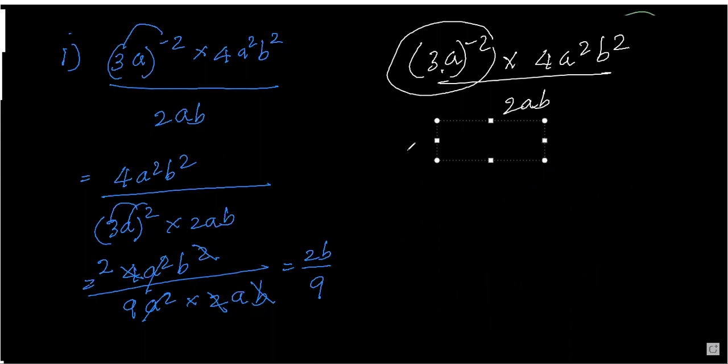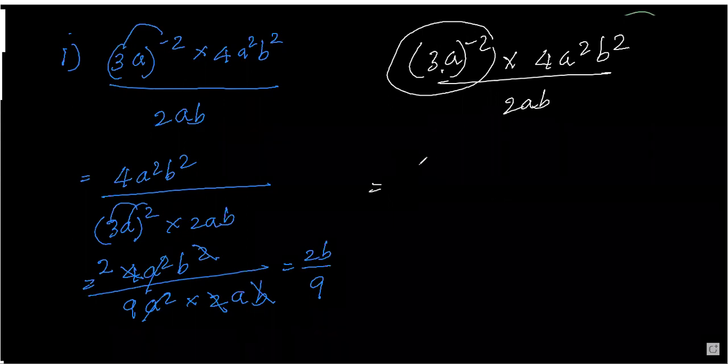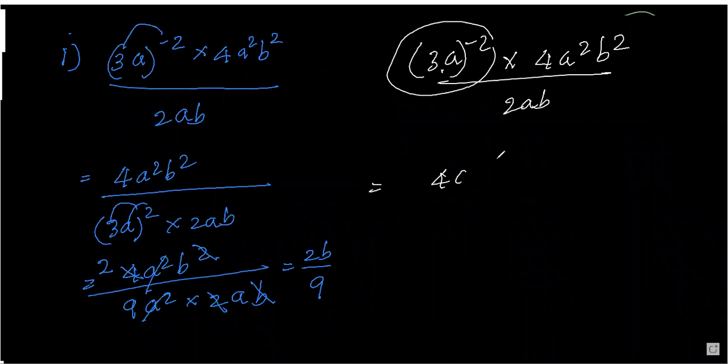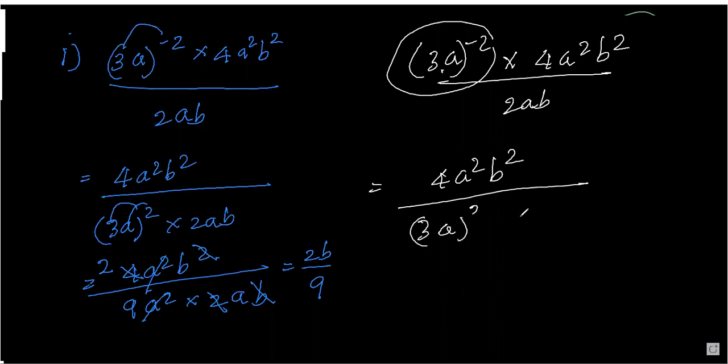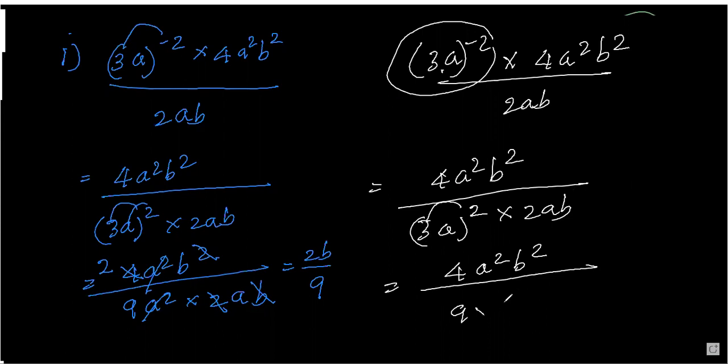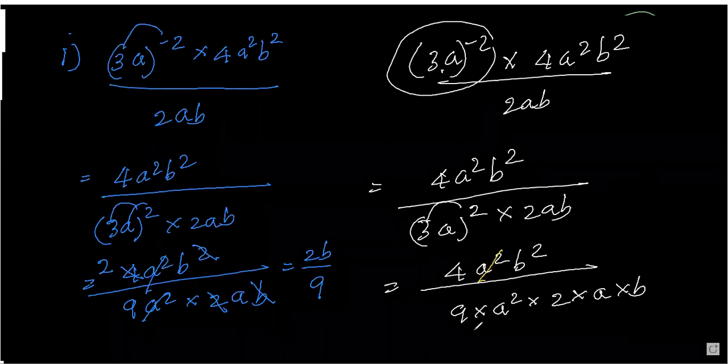You have a doubt about simplification, right? Then we can write 4a squared b squared divided by only this one; I have to take 3a to the power 2 into 2ab in here. Then 3 squared means 9. 4a squared b squared divided by 9 into a squared into 2 into a into b. Now I just take another color and simplify. a squared here, a squared here.